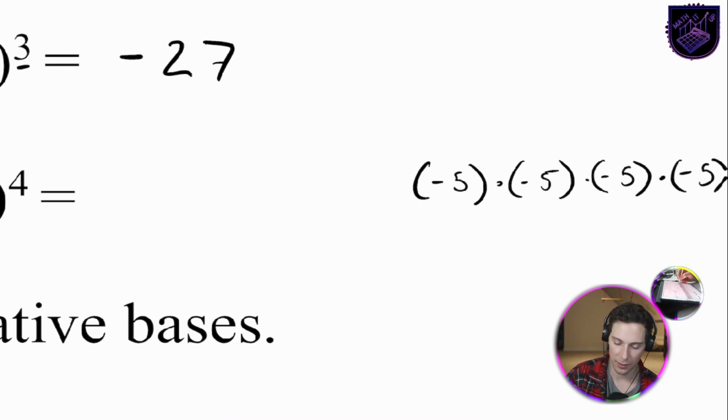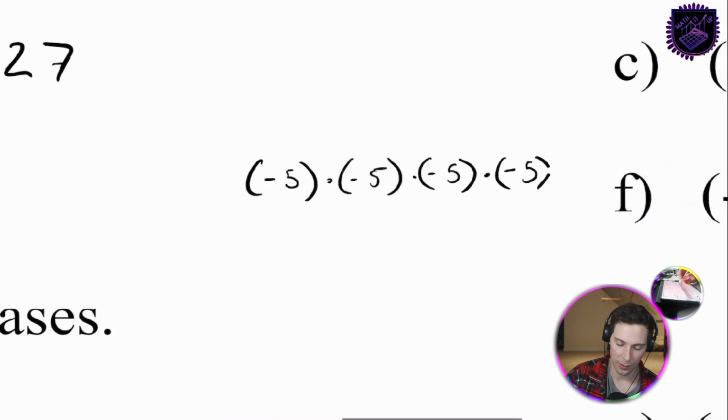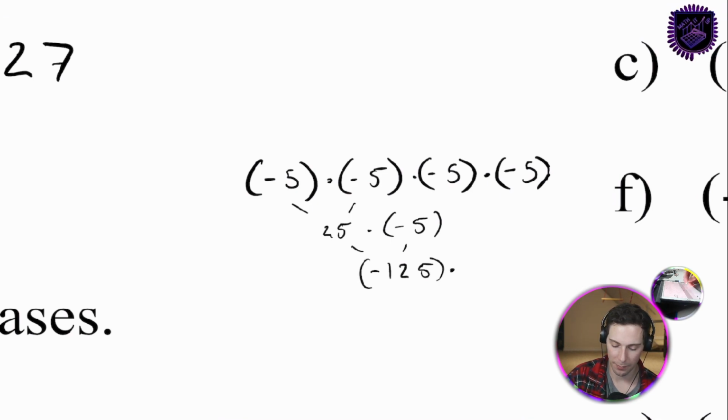I'm doing this because I just want to make sure I get the right answer. This is 25 positive times negative 5, which is going to get us to negative 125, multiplied by negative 5.